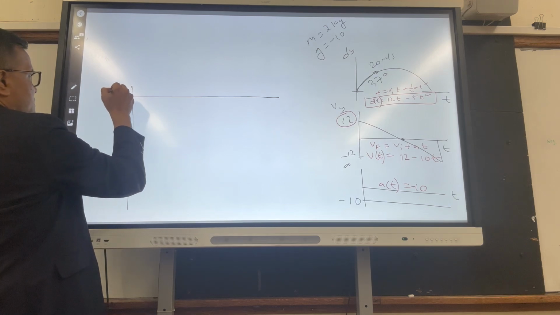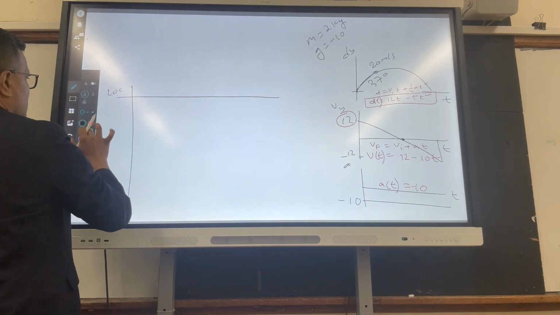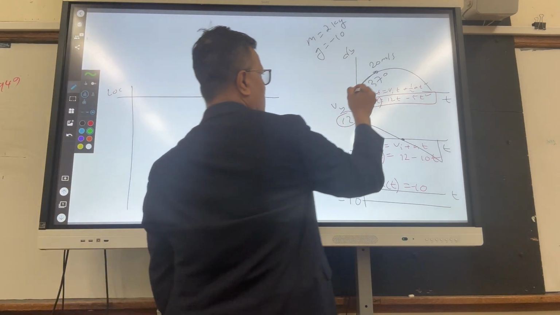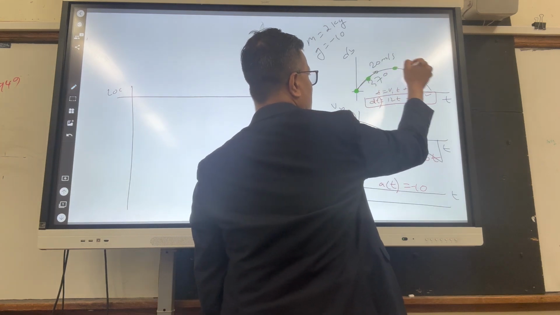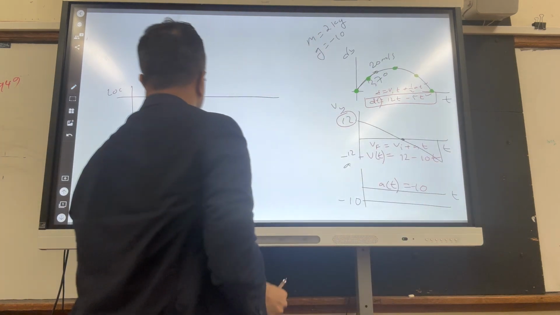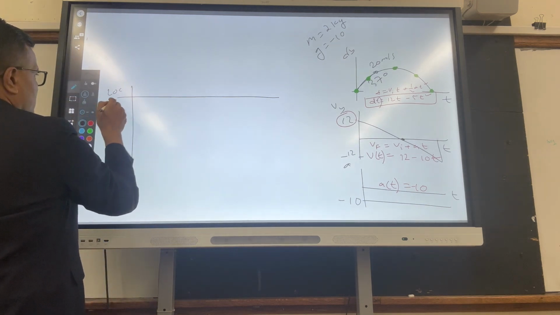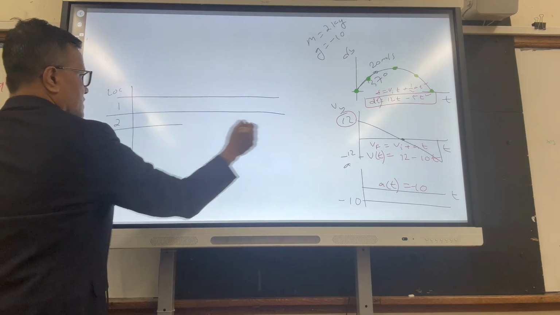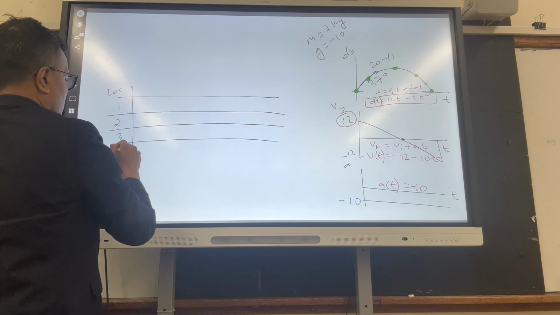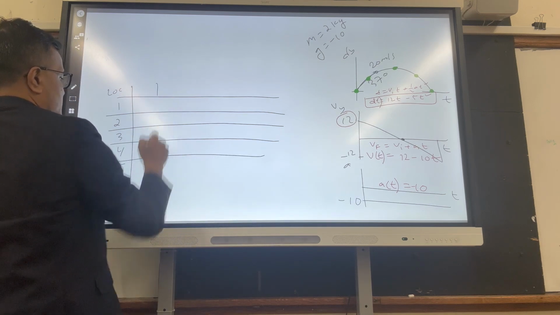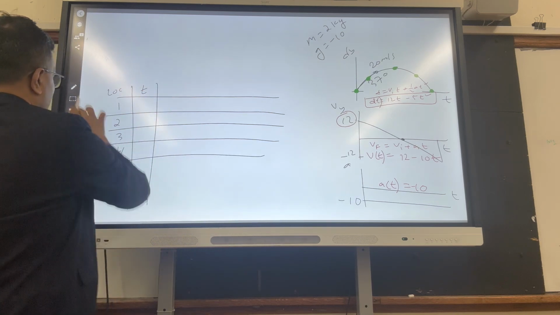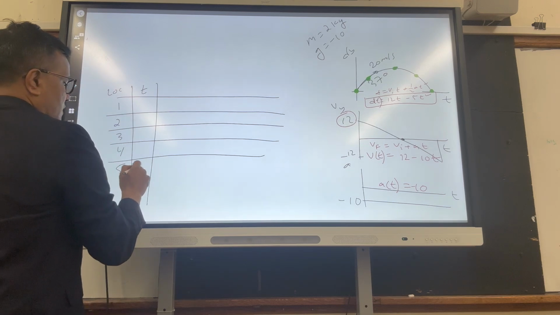We are at locations, so we're going to call them location 1, 2, 3, and 4. This is location 1, this is 2, this is 3, this is 4, and this is 5. Of course, the time at location 5 is the thing we are trying to find.